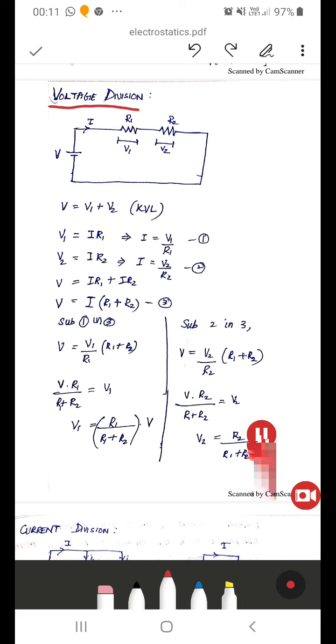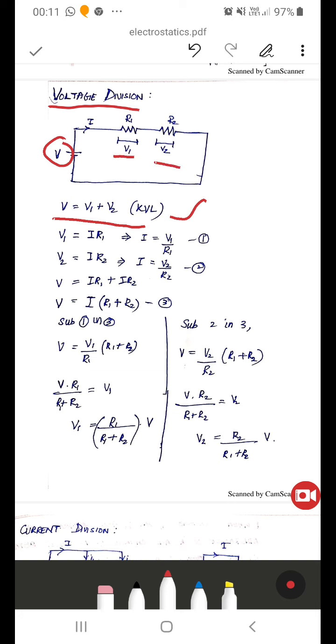Now, as voltage is divided, V is equal to V1 plus V2. This is given by KVL. KVL states that the sum of the voltages in a closed loop is 0, or the source voltage is equal to the sum of the potential drops.